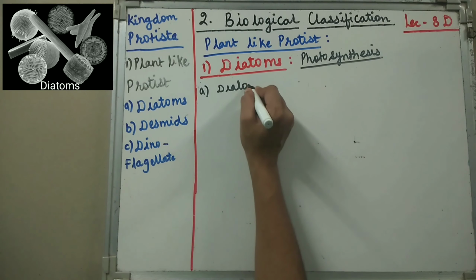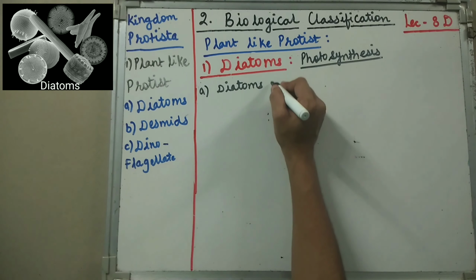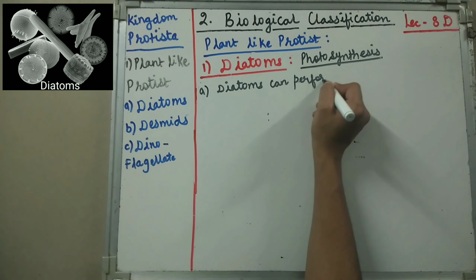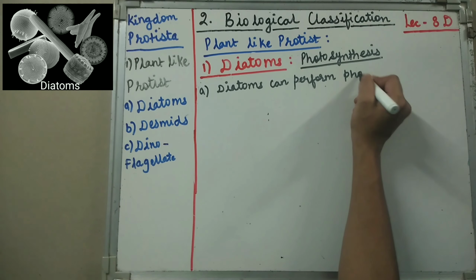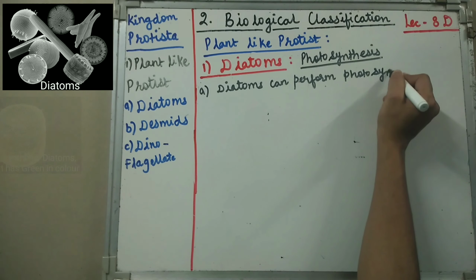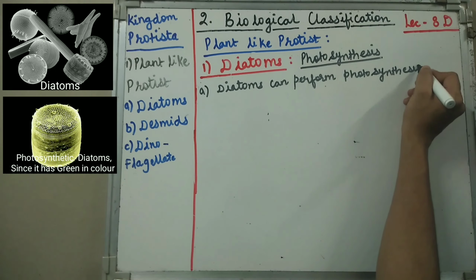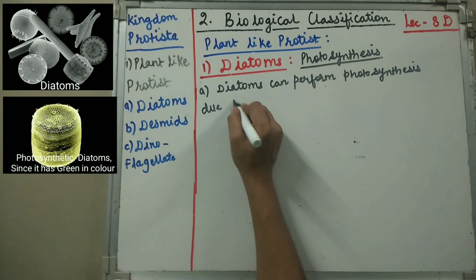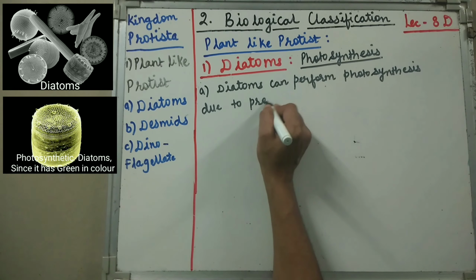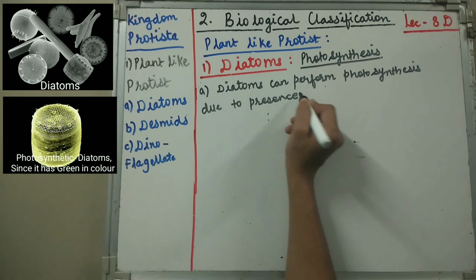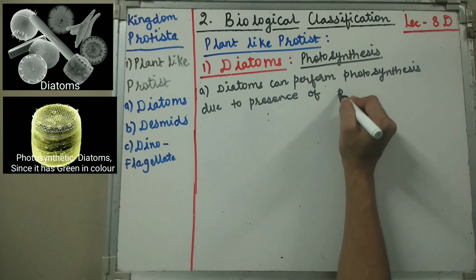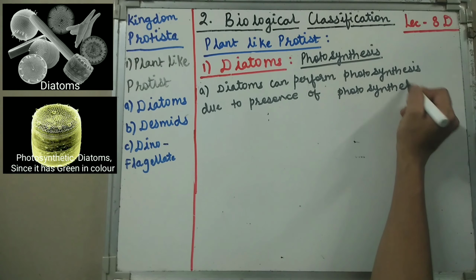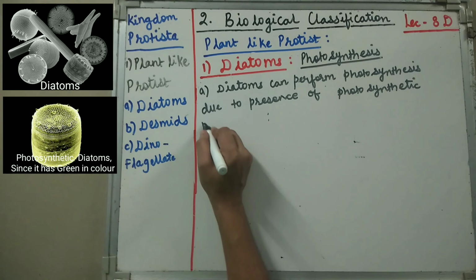Diatoms can perform photosynthesis due to the presence of photosynthetic pigment.